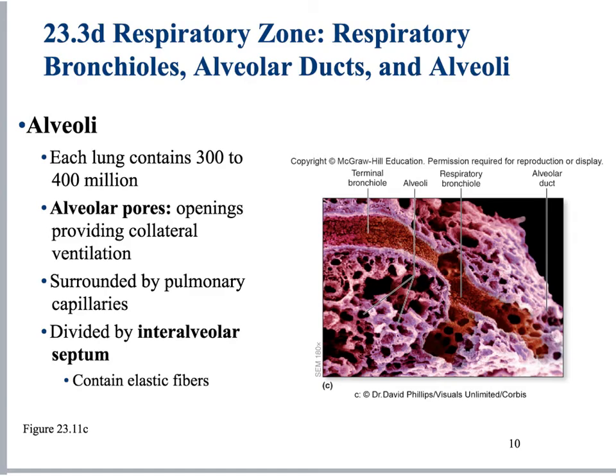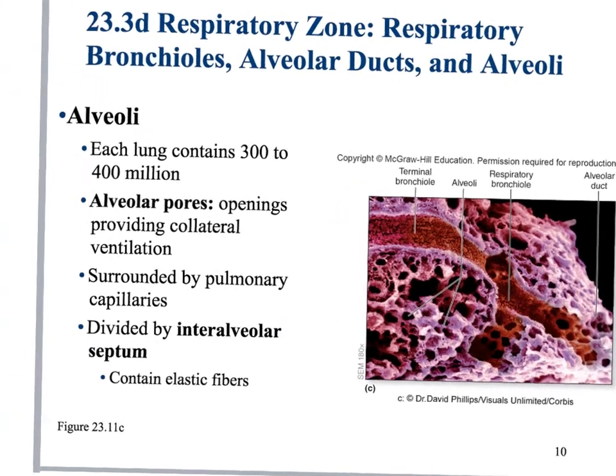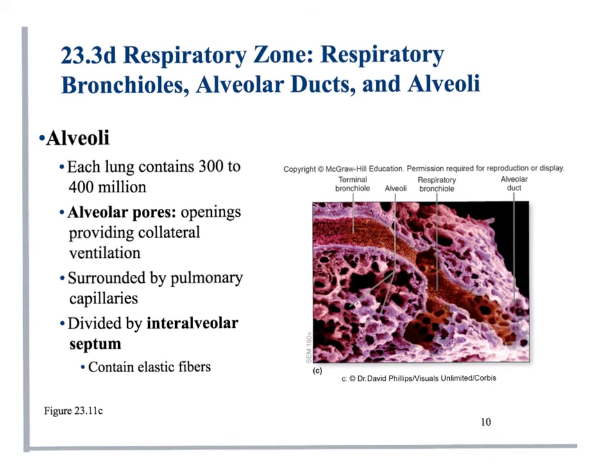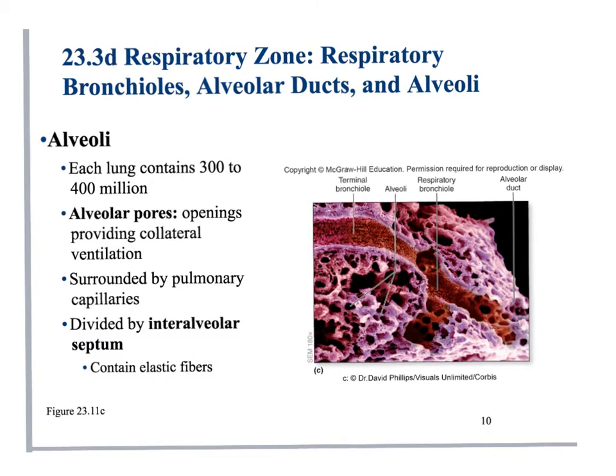This is what the alveoli look like. Each lung has about 300 to 400 million. Here's talk about pores. They're surrounded by capillaries, and they have what's called an interalveolar septum, a separation between them. Not only are there pores, but there's separation between alveoli themselves that helps them to be structurally separate and contain elastic fibers.